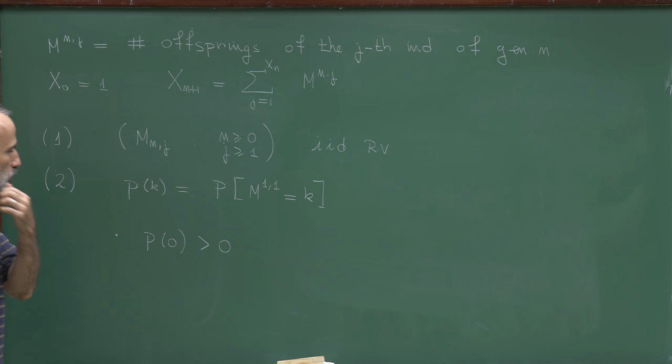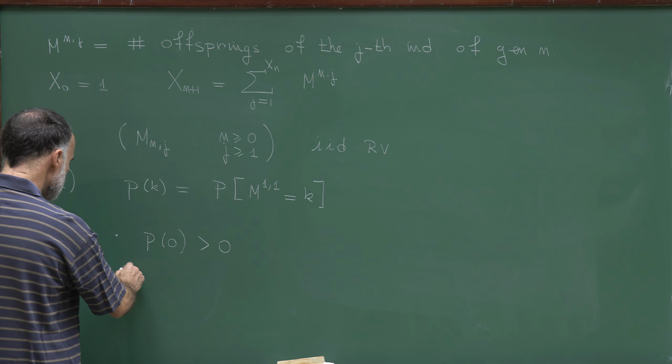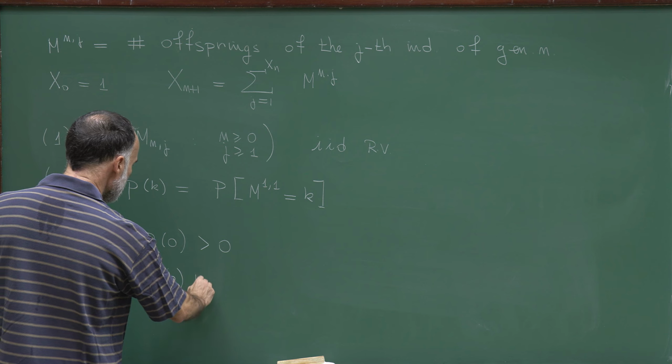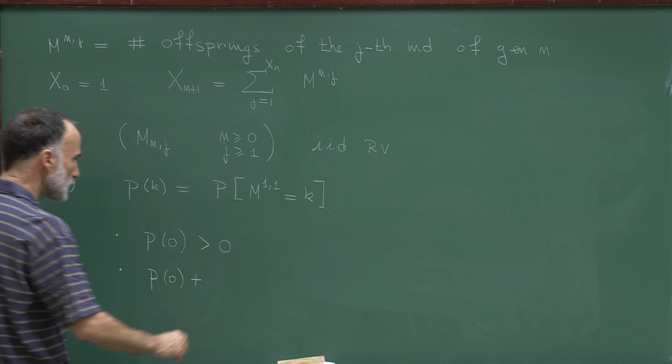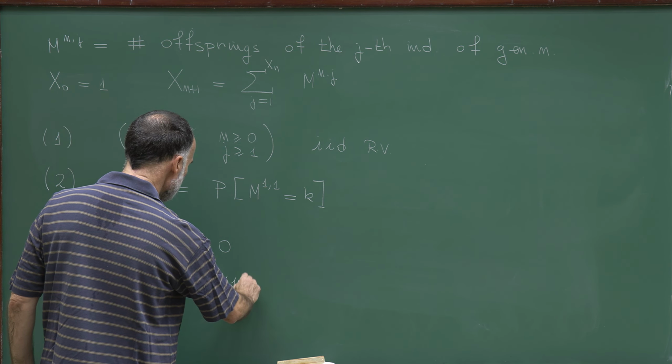And also, I want to assume that this population can increase, and for that, I will assume that the probability of having no offspring plus the probability of having just one is less than 1.